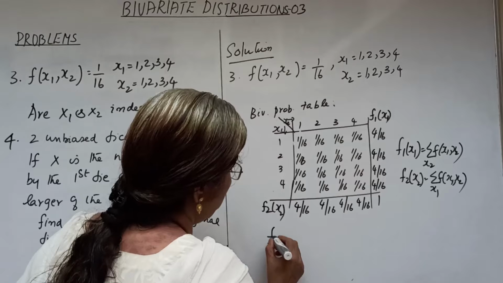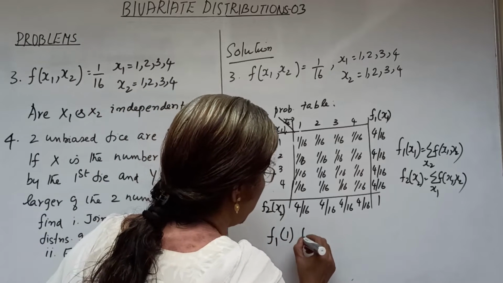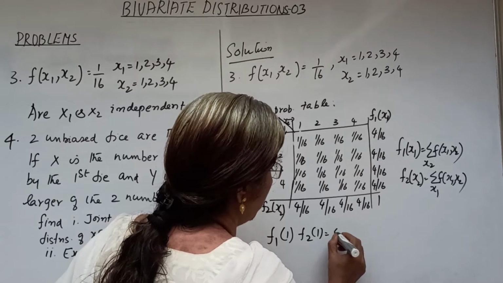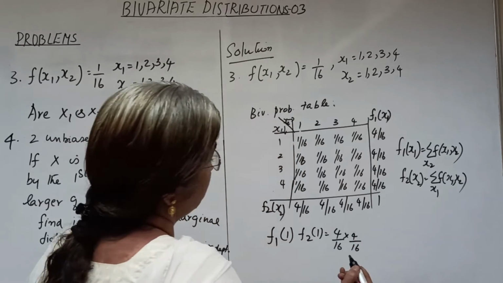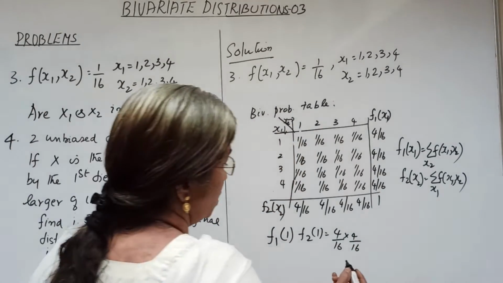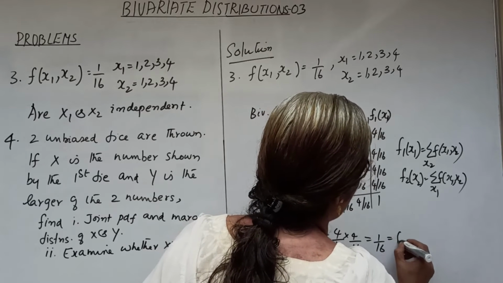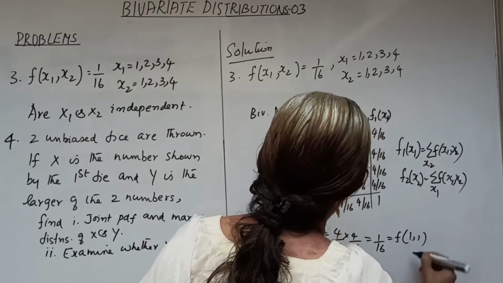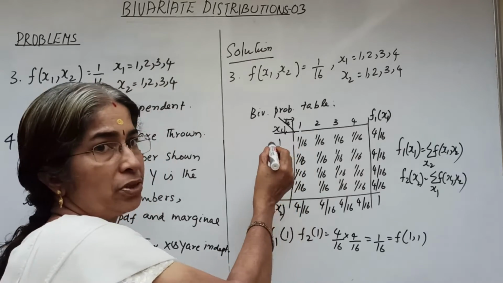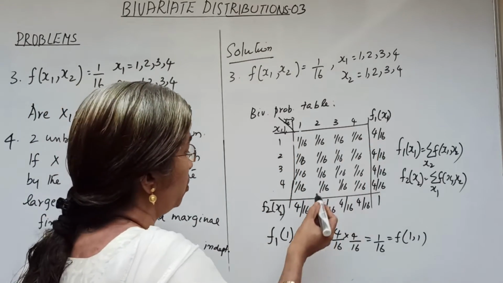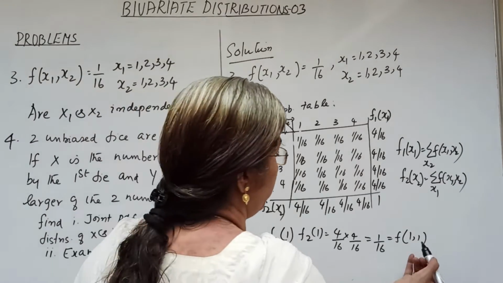And we have to check whether the variables are independent, that is, f1 of 1 into f2 of 1 equal to 4 by 16 into 4 by 16, which is equal to 1 by 16, equal to f of 1, 1. That is, 1 by 4 into 1 by 4 equal to 1 by 16 equal to f11.